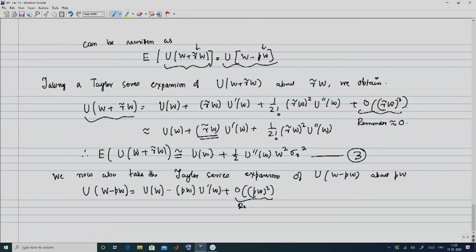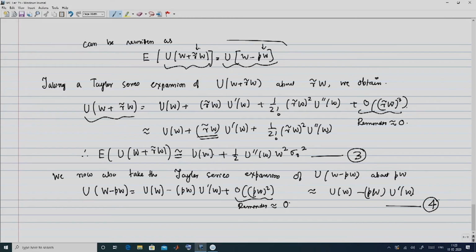The quadratic terms onwards are the remainder which I ignore, so this is approximately 0. Accordingly, I get u of W minus P of W into u prime of W. I call this relation 4.